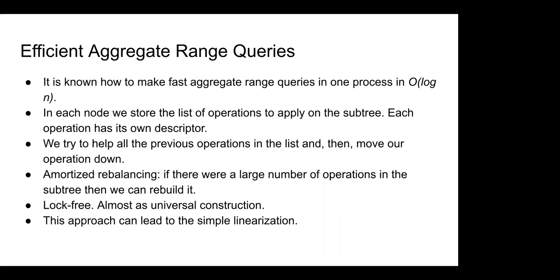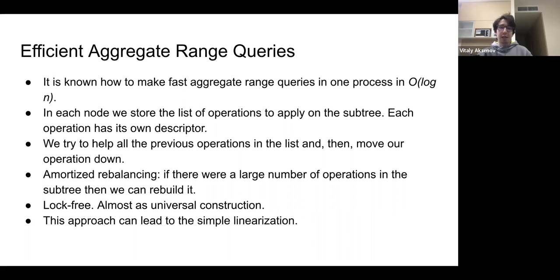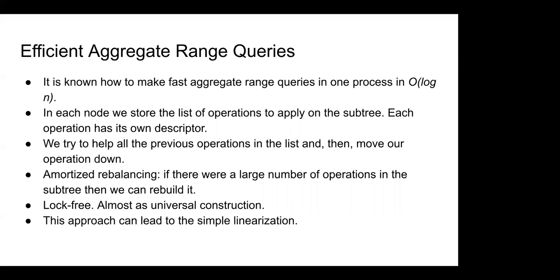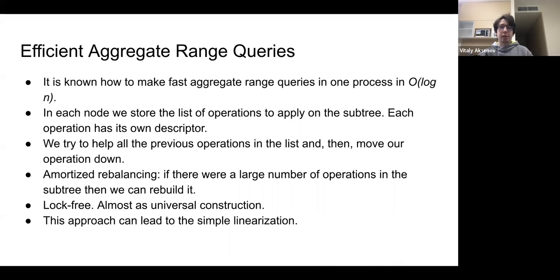When we use this technique with helping, does it look like delayed operations in a segment tree? Yeah, it's exactly like that. It's exactly the delayed operations, so it does the same as the sequential algorithm, because you apply the operations only one by one to the subtrees.